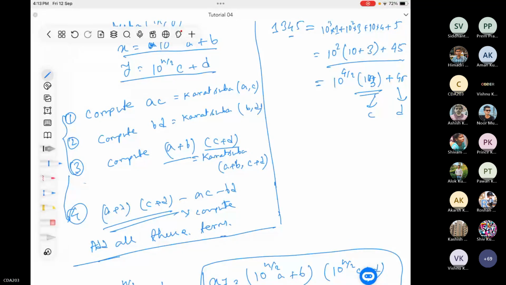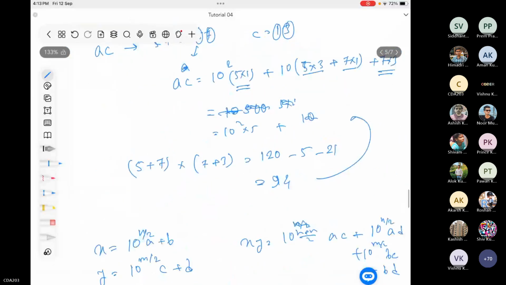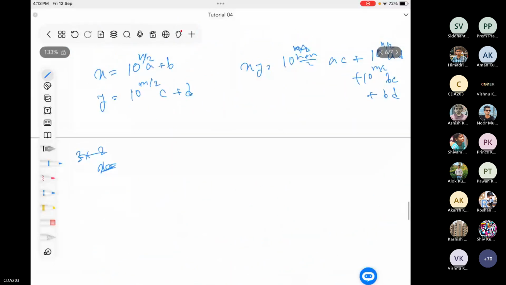Okay, you have to adjust accordingly, but the idea is same. So you can compute AC, you can compute BD. And this AC and BD both are n by 2. A is an n by 2 digit number, C is an m by 2 digit number.